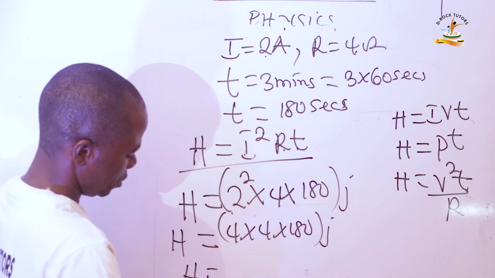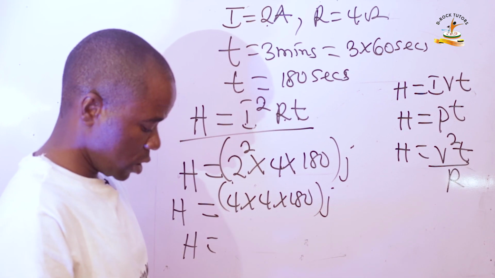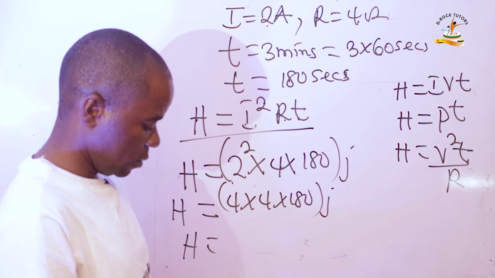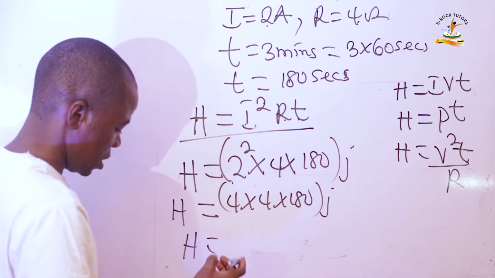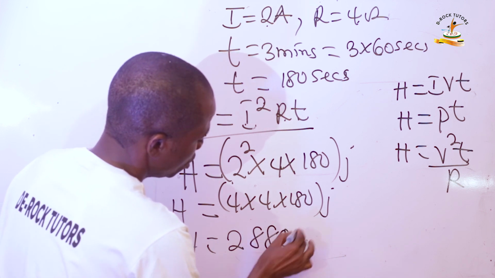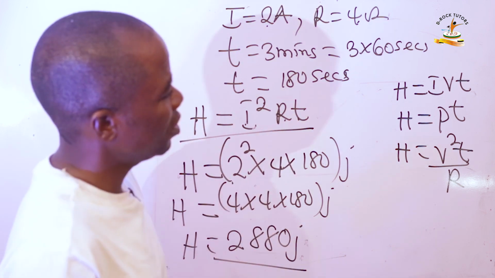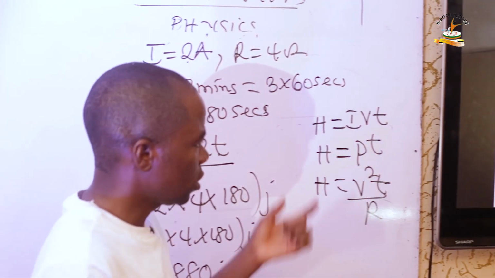So finally, let's use a calculator to find out what the answer will be. That's 4 times 4 times 180, and that gives us 2,880 joule. If you look at the options, that is option C. So option C is the correct answer.